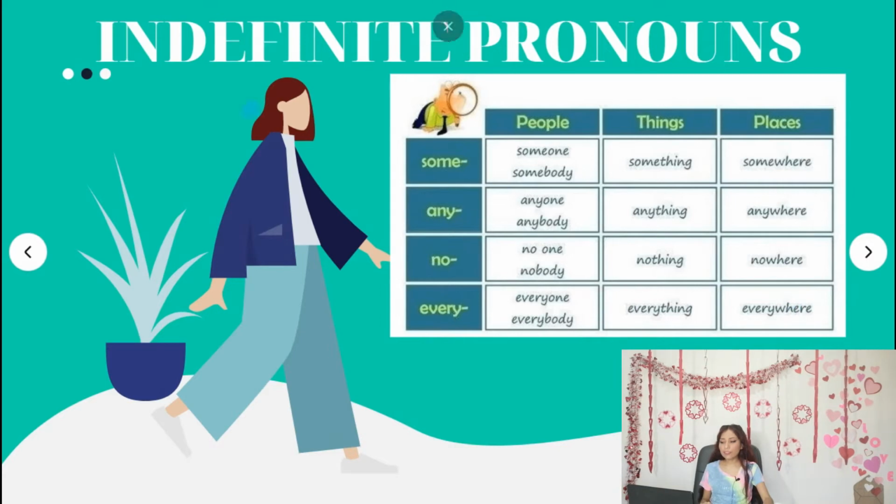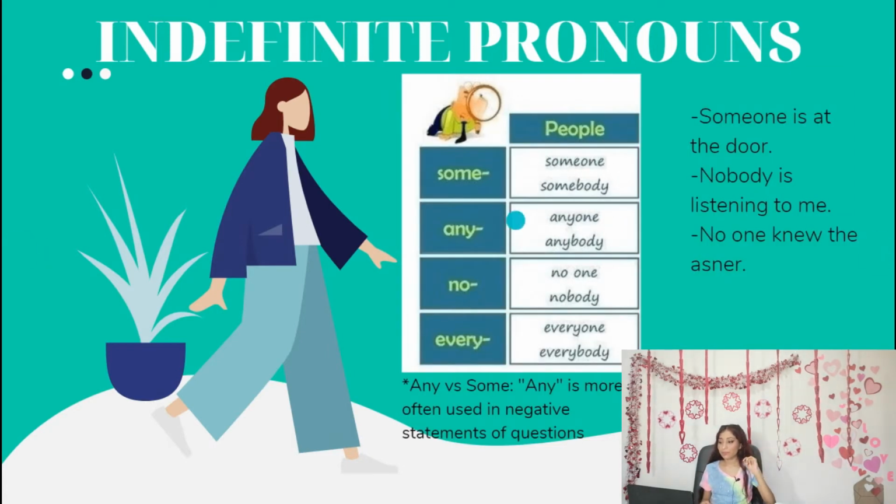So, first of all, pay attention to this. I wanted to show you that there exist lots of different indefinite pronouns, but we are going to focus only on the ones that are used with people. These ones, okay? Please, this needs to be copied on your notebook. I know that it's a lot, but you need to copy at least this because it's going to help you, as I always tell you.